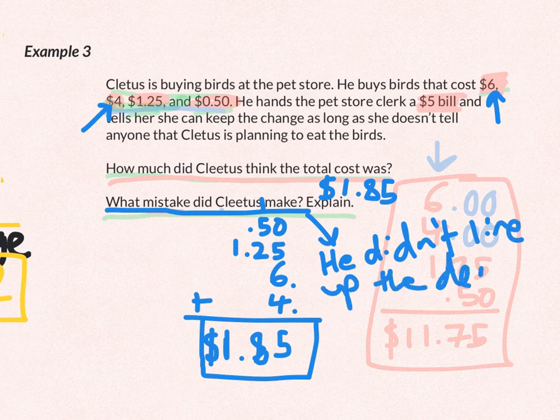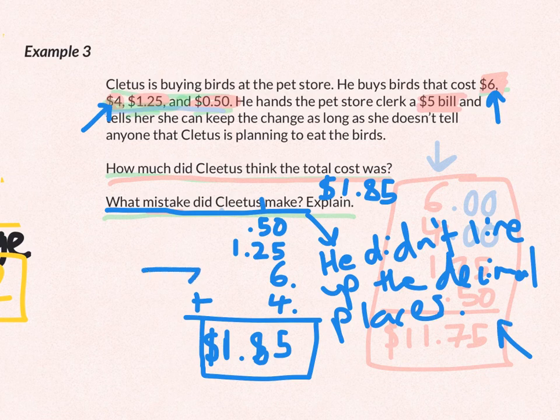Okay, and then to explain, you could either show this, or you could explain it with words and say that he must have thought that the $6 was 6 cents and the $4 was 4 cents. And that's the only way that he could have gotten a number under 5 for his total there.